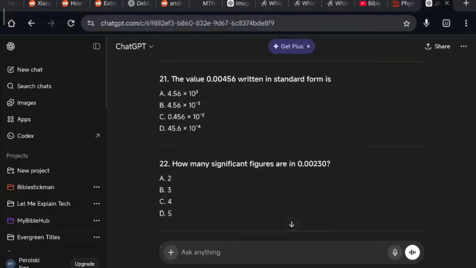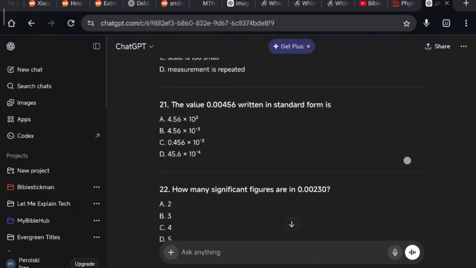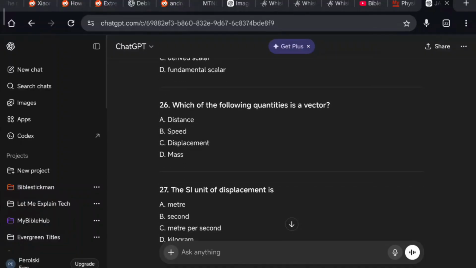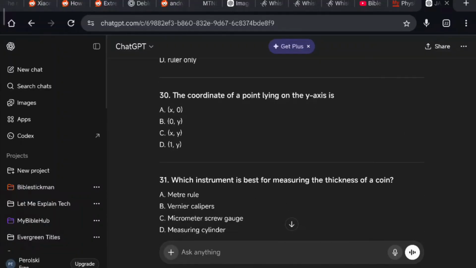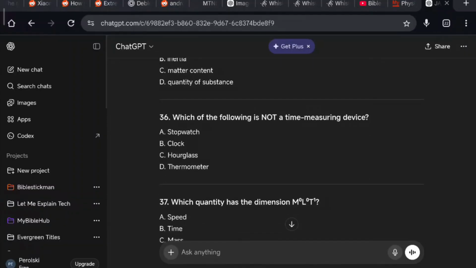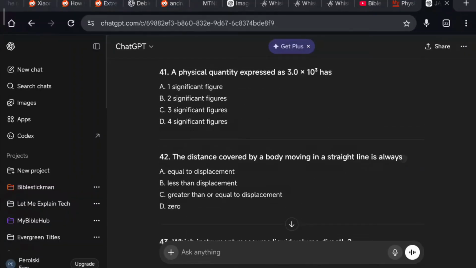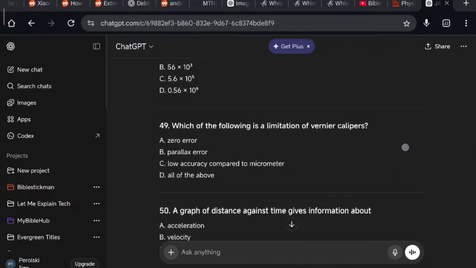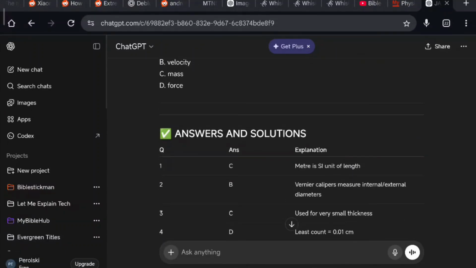If you are done with this topic, you now move to another topic. This is how you continue and cover all the scheme of work or the syllabus. Anywhere you have issues, you can check the solution part, or you can re-instruct the AI and it will generate these questions for you. I hope you are following.